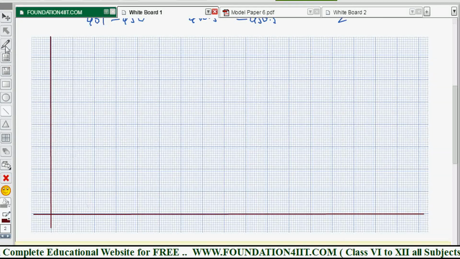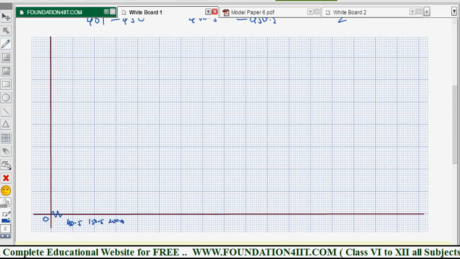So it's not from 0. So you should use the kink symbol, and starting is 100.5. This is 100.5 because exclusive case already.